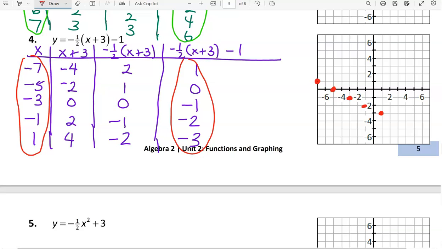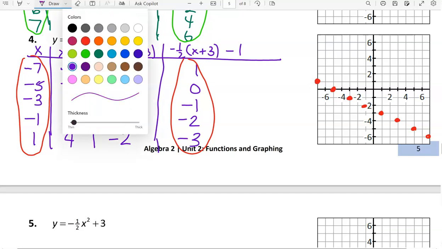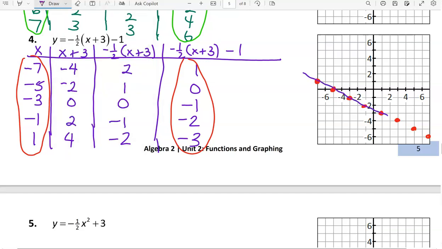I don't see any absolute values or squares, so no extra types of operations that would result in a different shape. So I'm just going to continue to use the same slope to graph some additional points and then connect the dots to form the continuous graph with arrows on the end, and that one's a straight line.